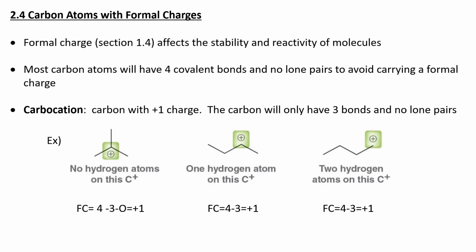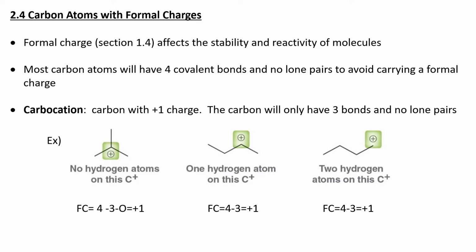carbocation. In each of the cases in the example below, the carbon atom has 3 bonds, no lone pairs, and a positive charge. It may be helpful to draw in the hydrogen atoms if you're not seeing them. So, the first example, there are no hydrogen atoms.